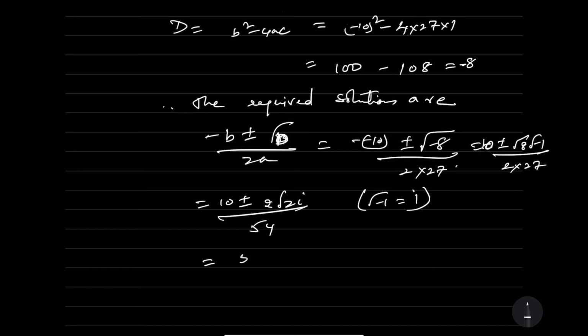So you will get 5 plus or minus root 2 i divided by 27. Or if you write it separately, you will get it as equal to 5 by 27 plus or minus root 2 by 27 i.